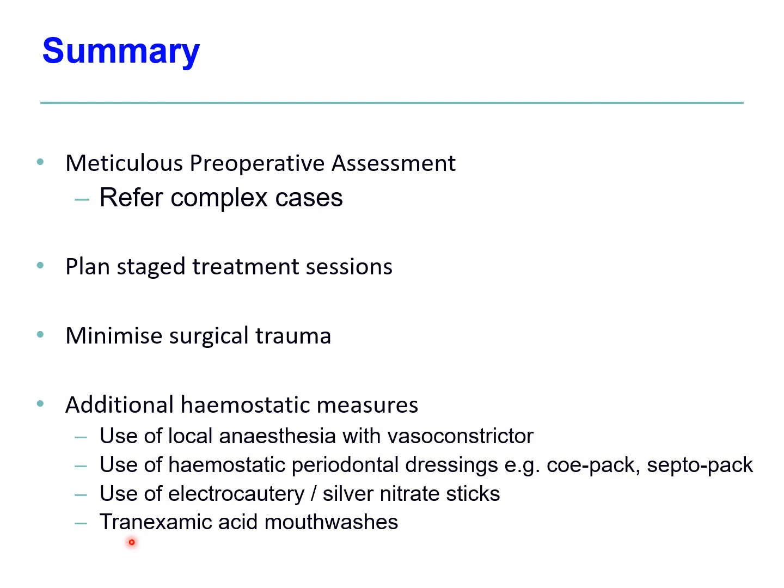It's usually prescribed as a tablet or injection, but what many oral surgery units do is they ask the pharmacy to prepare a mouthwash, which is basically tablets of tranexamic acid dissolved in water, and the patient can use it as a mouthwash post-operatively, say for example, following multiple extractions. However, you are unlikely to use it in primary care, but so that you know that it is an option, which is obviously restricted to secondary care in the UK.